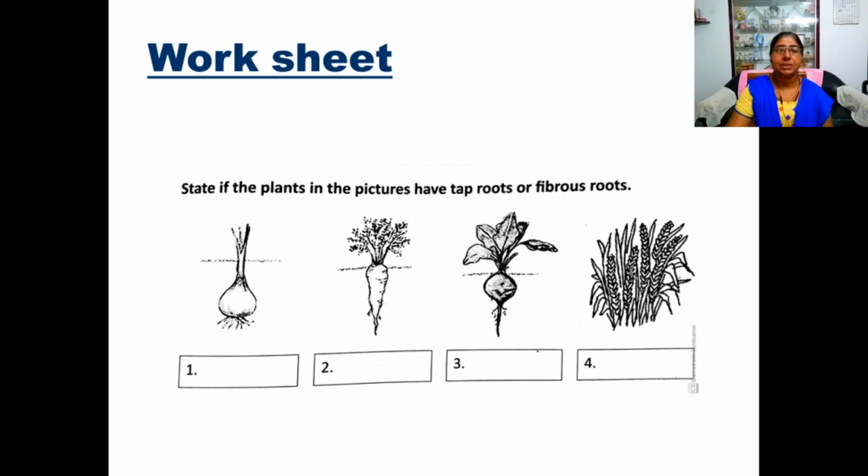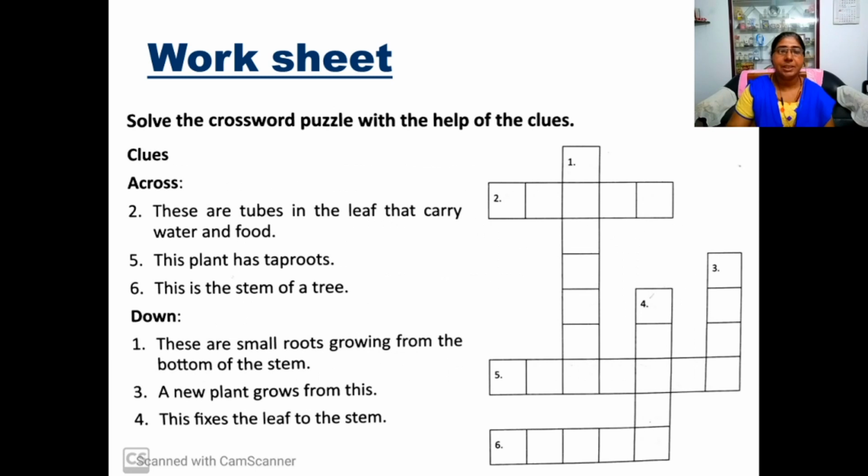Based on these lessons, let us do worksheet number 1. State if the plants in the pictures have taproots or fibrous roots. Take your notebook and write the answer in the notebook. Find out what type of root they have. Another set of exercise is given.